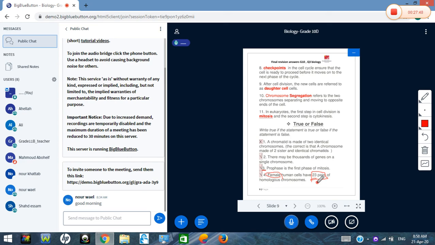Female or male human cells have 23 pairs of chromosomes or 46 chromosomes. 23 pairs or 46 chromosomes. Next one.